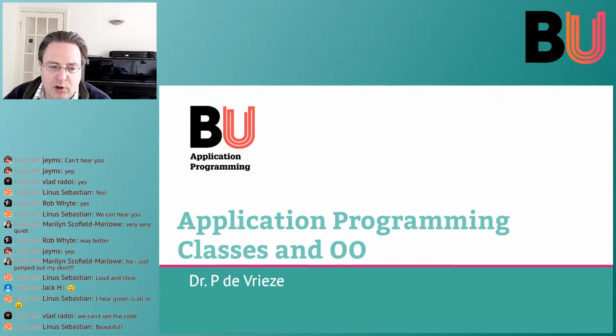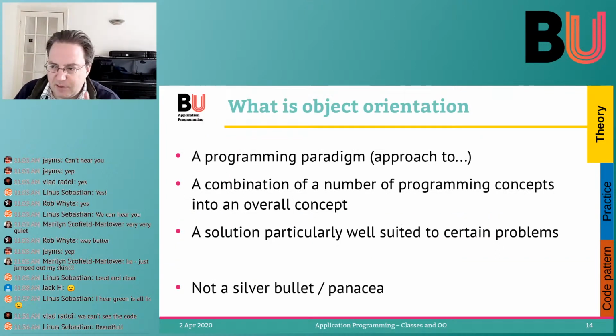Object orientation is a way of thinking about structuring your program. The idea is that you combine your data with the code that acts upon that data. That is what object orientation is about, and it combines a number of different elements in this concept. It is a programming paradigm, but it also combines a number of things that you want to do in your programs.